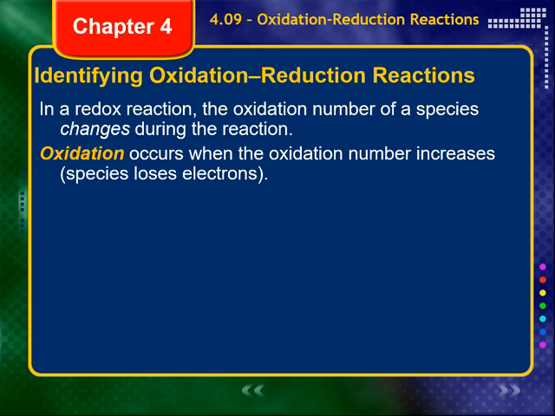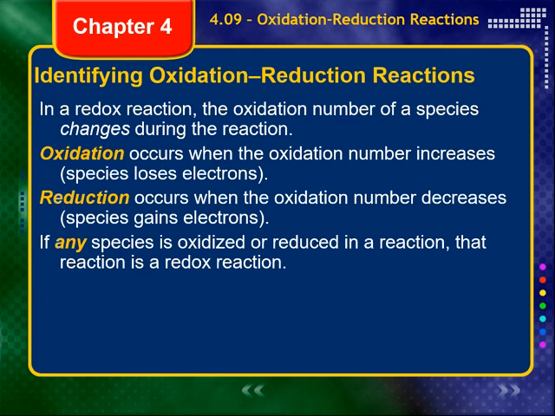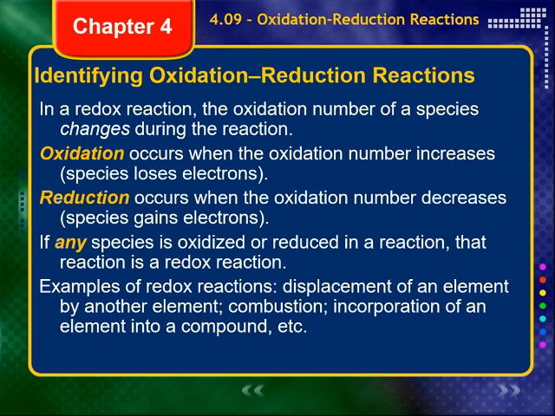Reduction occurs when the oxidation number decreases, meaning that species is gaining electrons. You're becoming more negative. If any species is oxidized or reduced in a reaction, that reaction is a redox reaction. Examples of redox reactions are any displacement of an element by another element, combustion, for example, or the incorporation of an element into a compound.